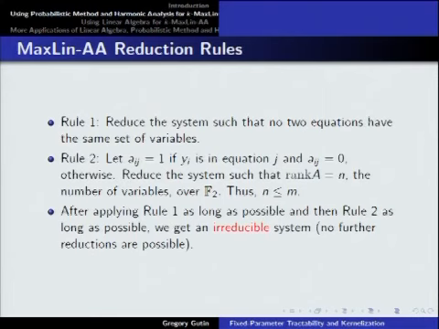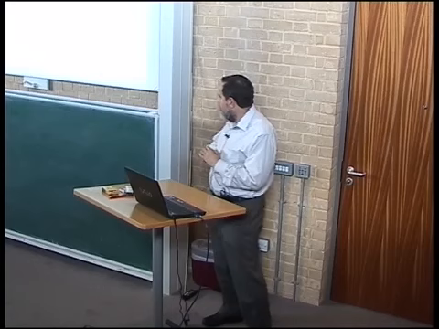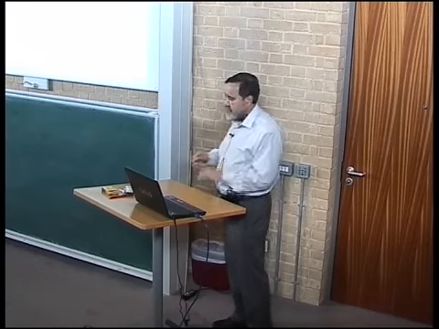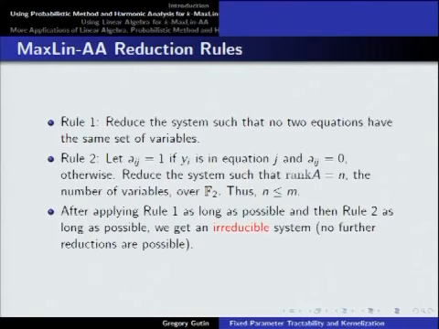If we bound m, then at the same time we can bound n from above. When we apply rule 1 as long as possible, and then rule 2 as long as possible, what we get in the end we call an irreducible system, such that no further reductions are possible. It's easy to see that even rule 1 is not applicable anymore here. And we are going to deal mainly with these irreducible systems.